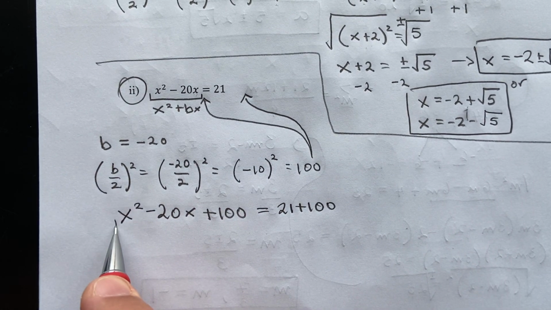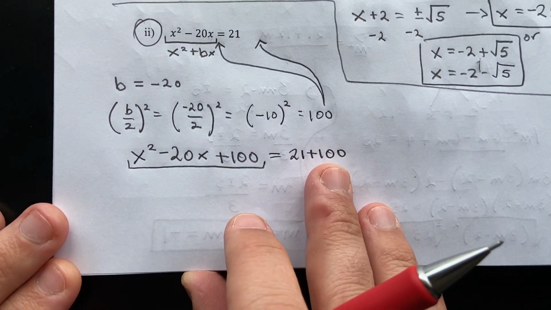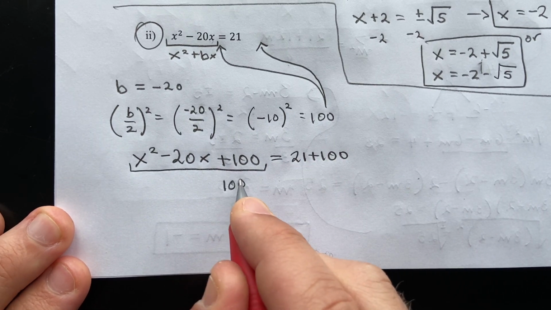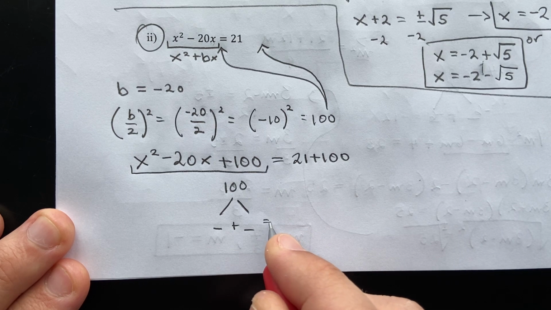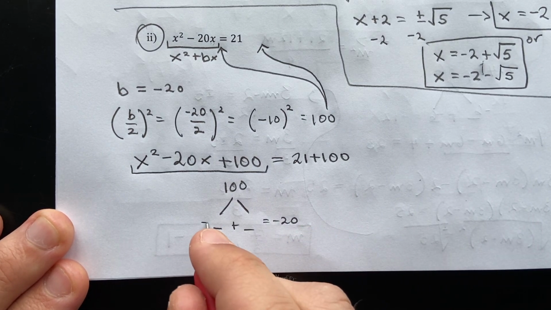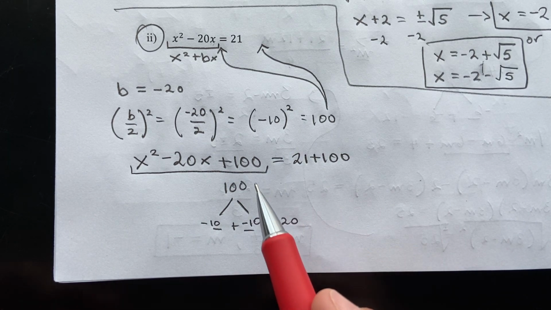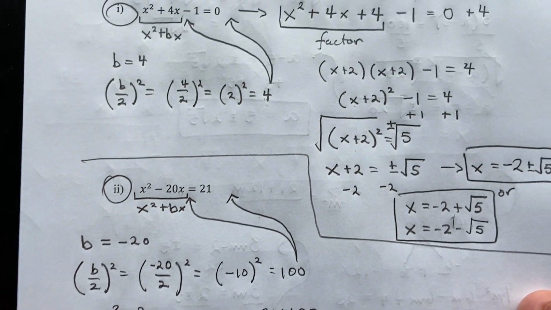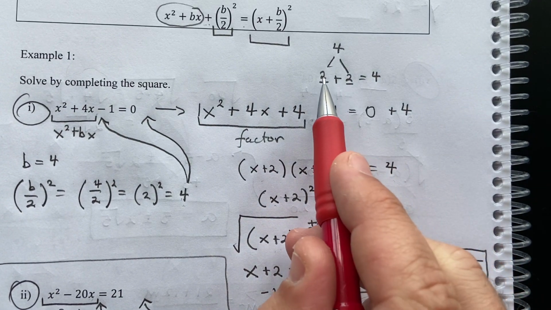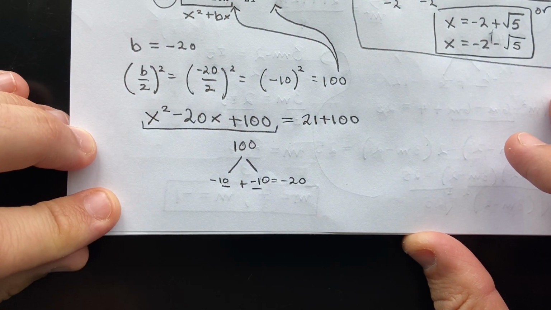So now this should be a perfect square trinomial. If we factor it, we want to multiply to 100 and add up to negative 20. So negative 10 and negative 10 do that. Notice for the perfect squares, they're always going to be the same number, so you should expect that.